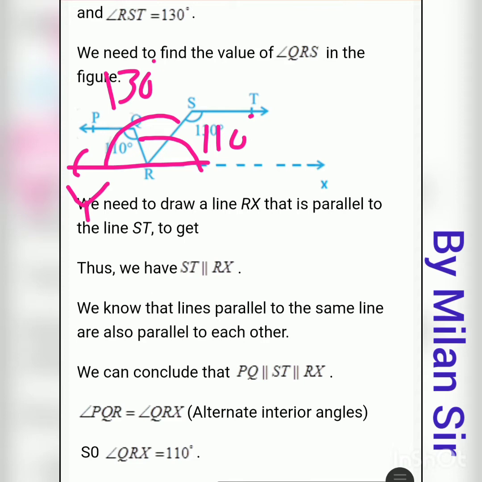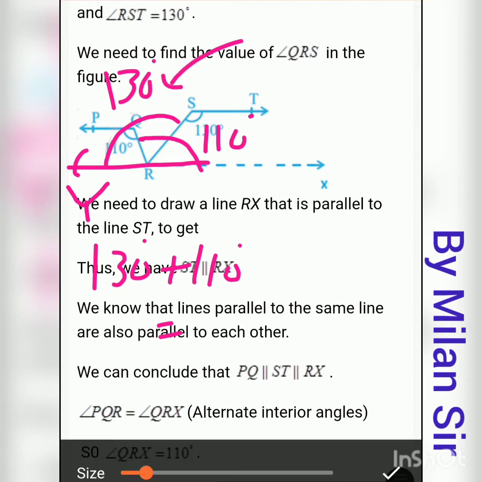Now if we add all the angles, 130 plus 110, our angle QRS comes 2 times. Here we have QRS and here we also have QRS.